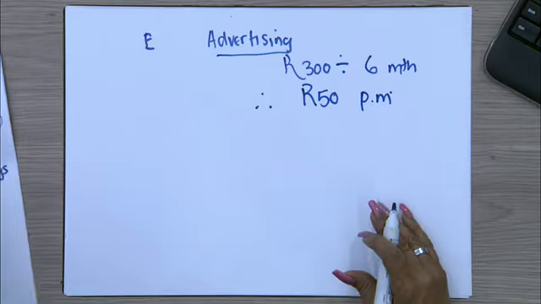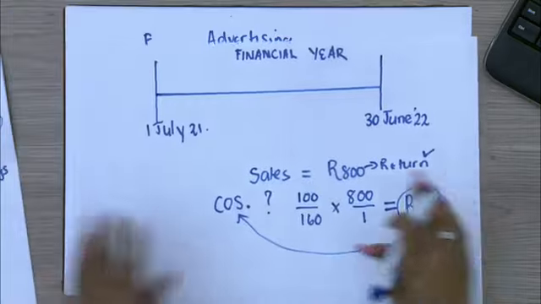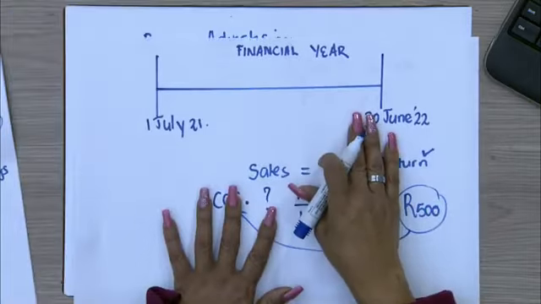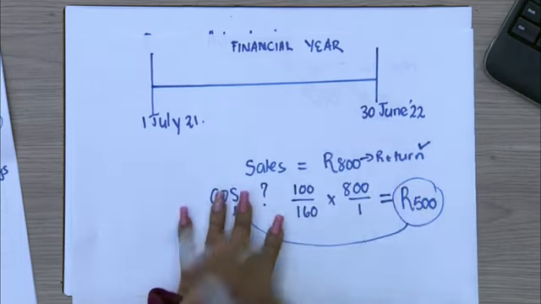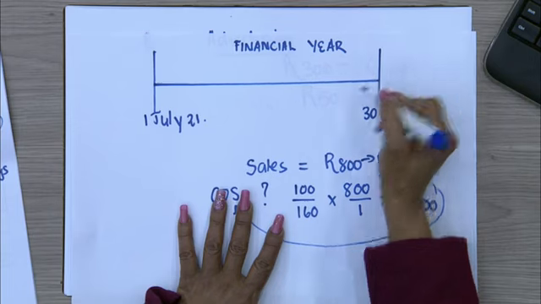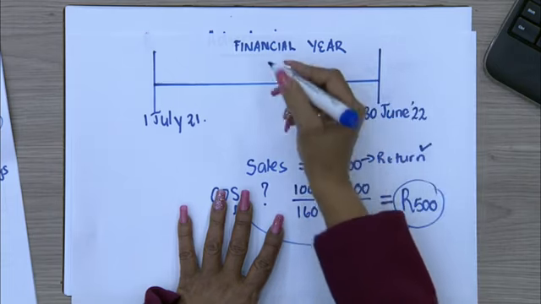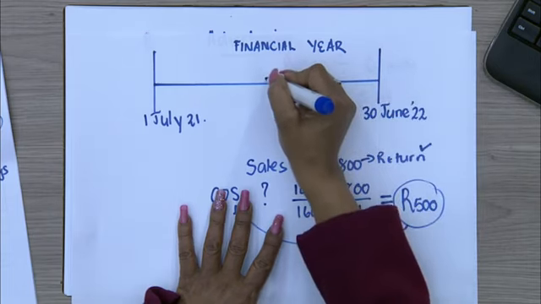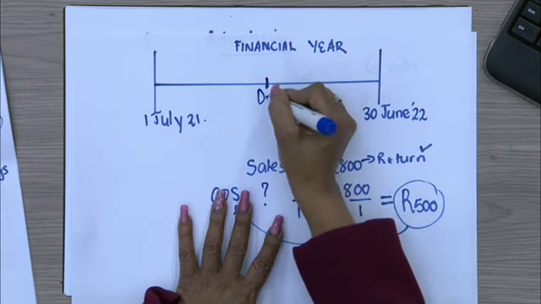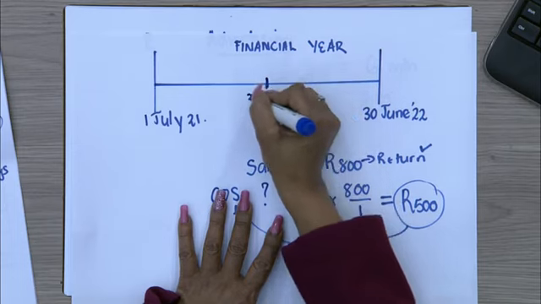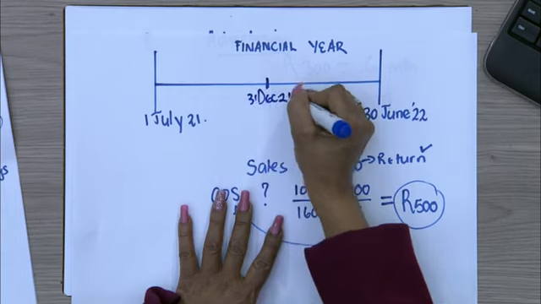Now, if I go back to my financial year, grade 10s, that is the point where my financial year ends. So the mid year will be that I'm going to look at December 31st, 21.